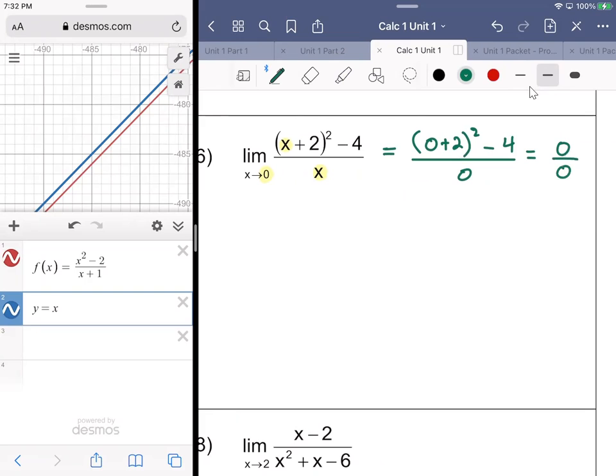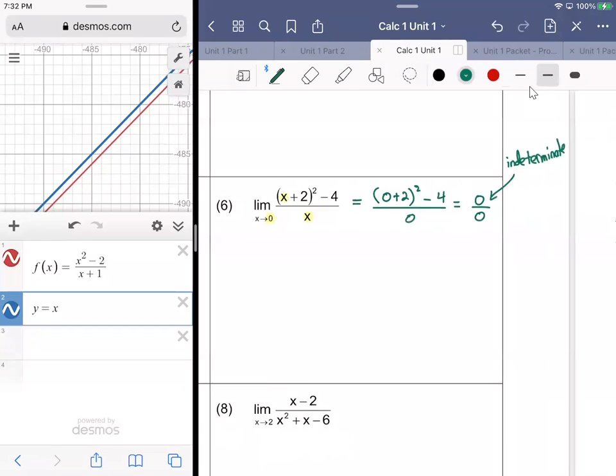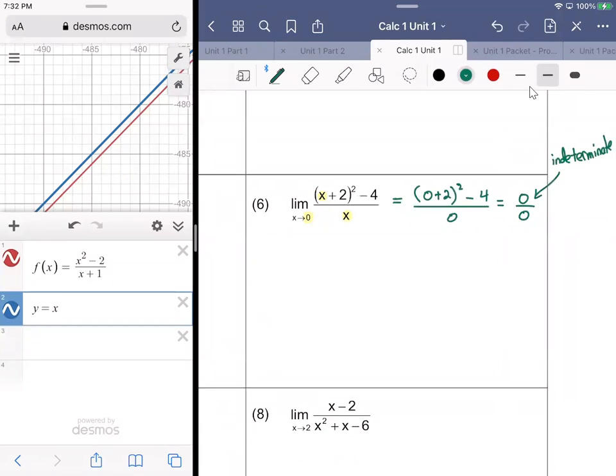That's what's known as indeterminate, right? Indeterminate can mean a lot of things. But in this context, it means that there is a limit that can be found. You just have to do some algebra to get it, all right?